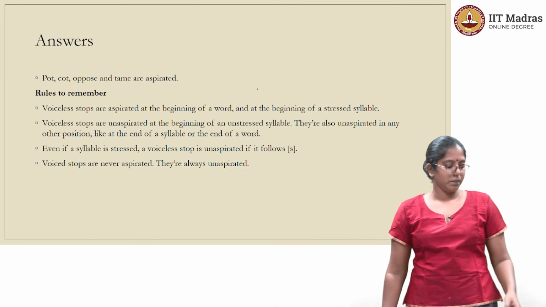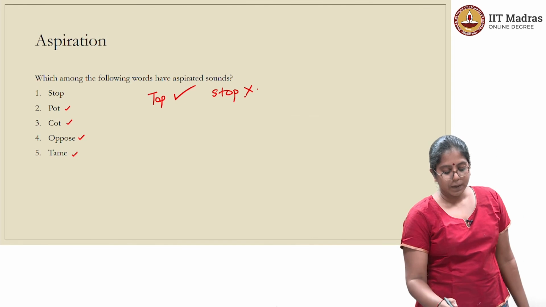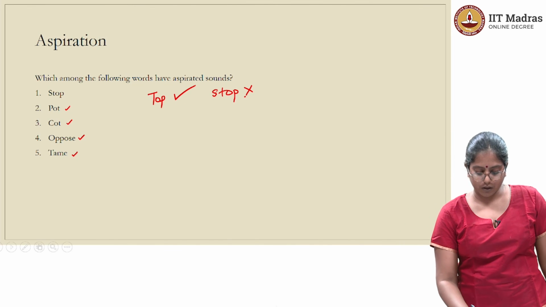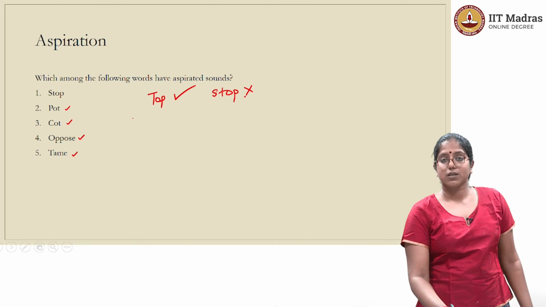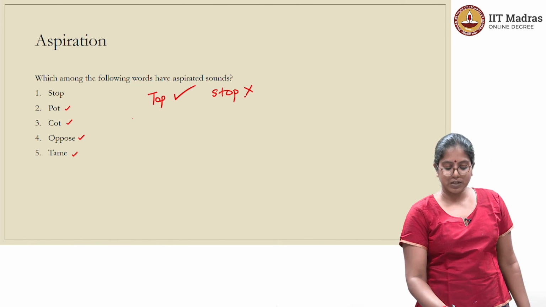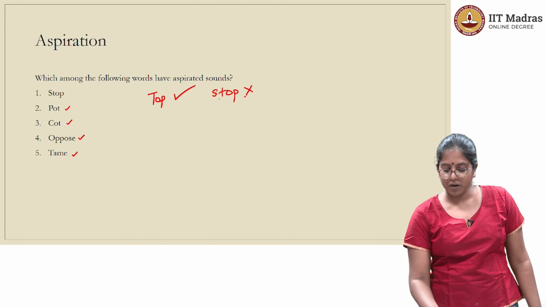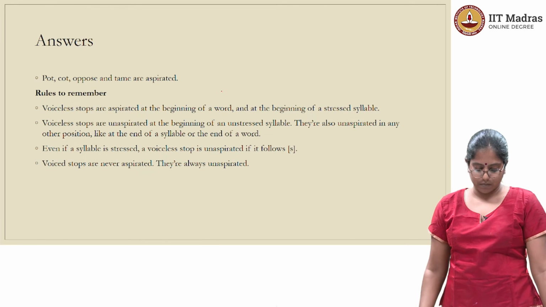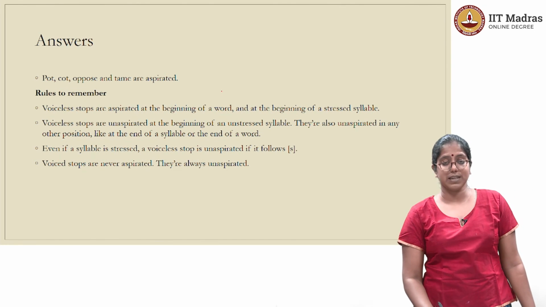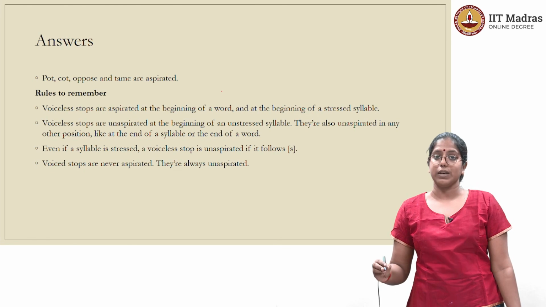So this explains why top is aspirated, because the voiceless stop t occurs at the beginning of the word, whereas in stop the t sound is followed by, or rather follows, the s sound. So the rule says that even if a syllable is stressed, a voiceless stop is unaspirated if it follows the sound s.